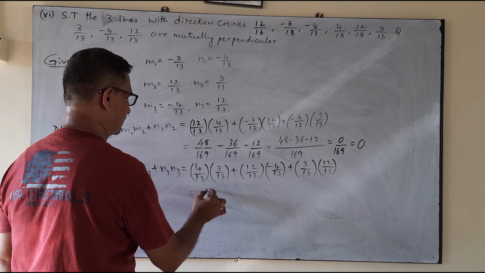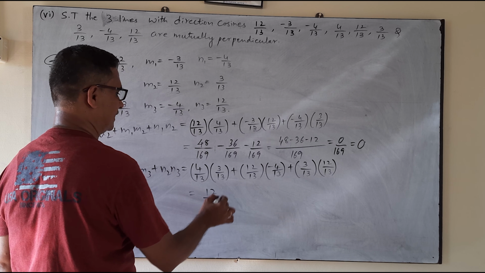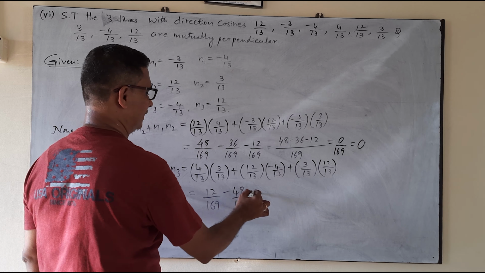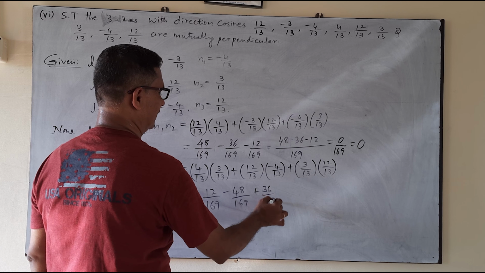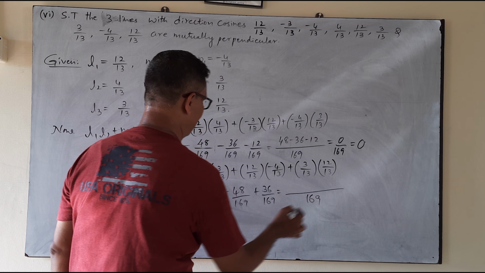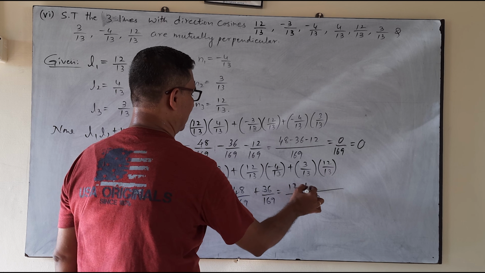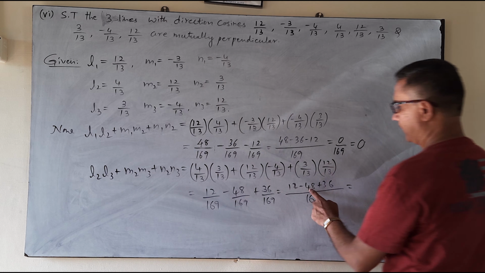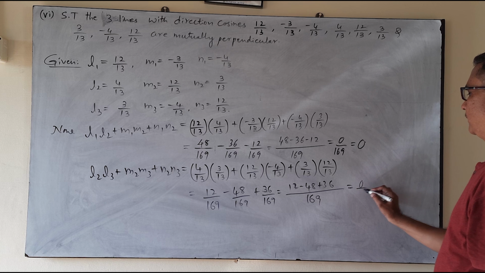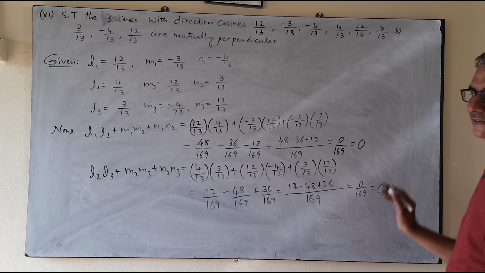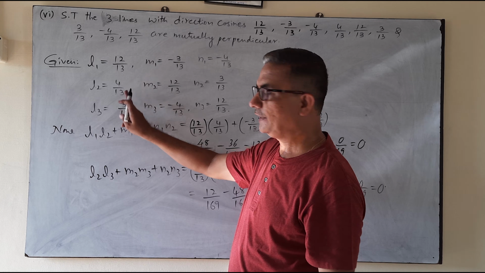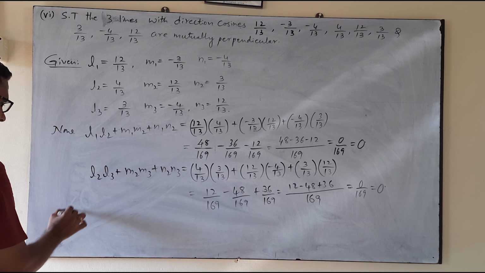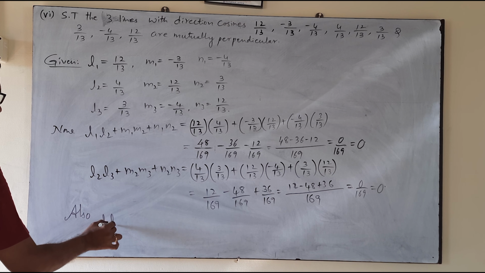Solving: 4 3s are 12, 13 13s are 169, plus into minus is minus, 12 4s are 48 by 169, plus 12 3s are 36 by 169. LCM 169: 12 minus 48 plus 36 is 0, divided by 169, that is 0. Again, the second line is perpendicular to the third line.